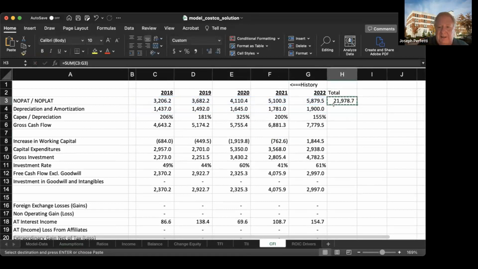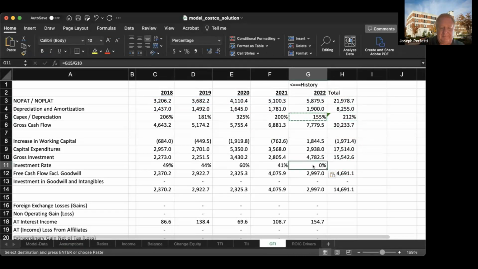So somebody talk to me about what's going on with Costco's free cash flow. Tell me how they got to the 14.7. Free cash flow over the first 5 years.